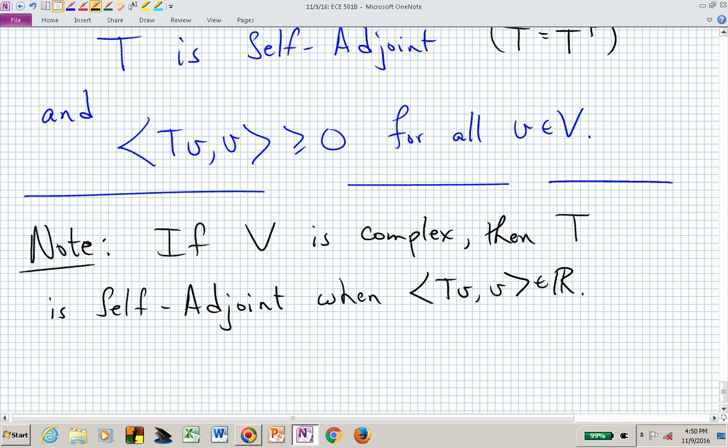When we're talking about a scalar being greater than or equal to 0, we're assuming that that's a real number. We can't think of that being a complex value. So when we're saying the inner product of TV with V is greater than or equal to 0, we're saying that that's a real non-negative scalar. But we don't even have to show that if we're dealing with a complex inner product space and we know that T is self-adjoint.